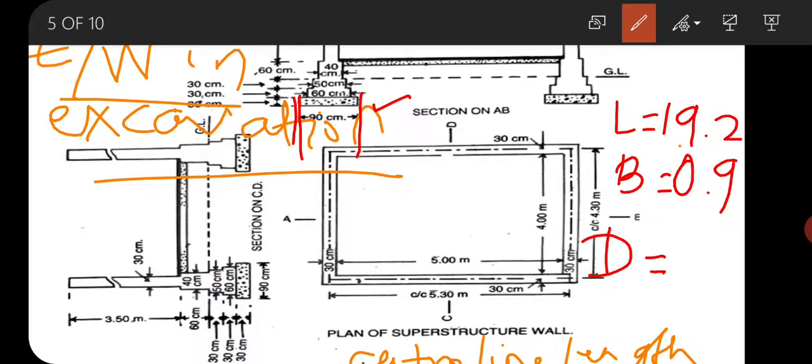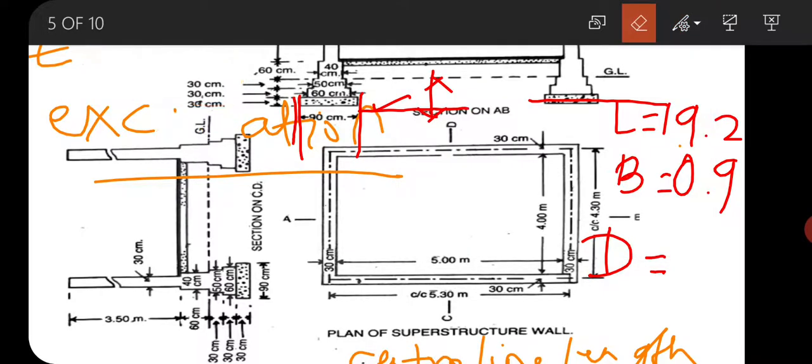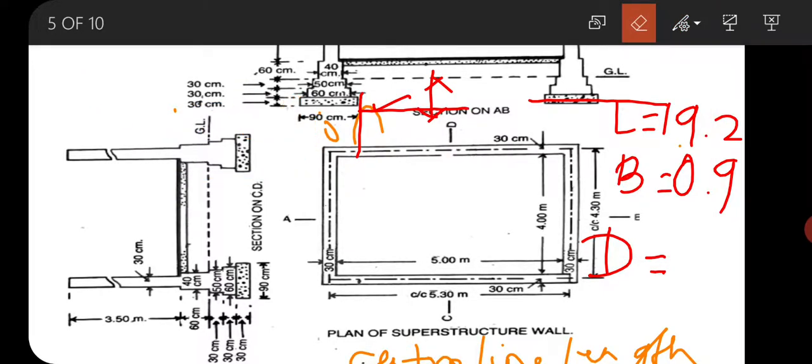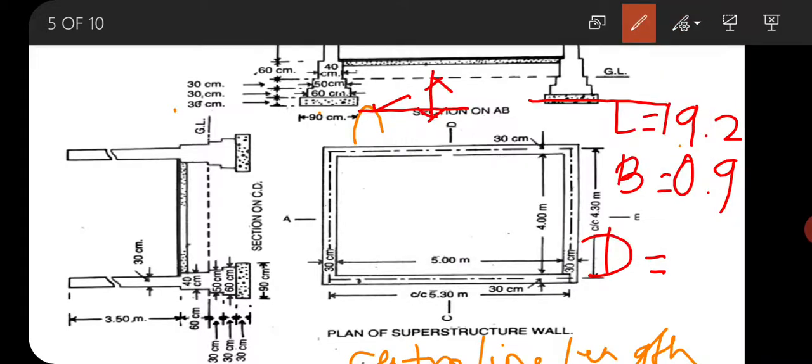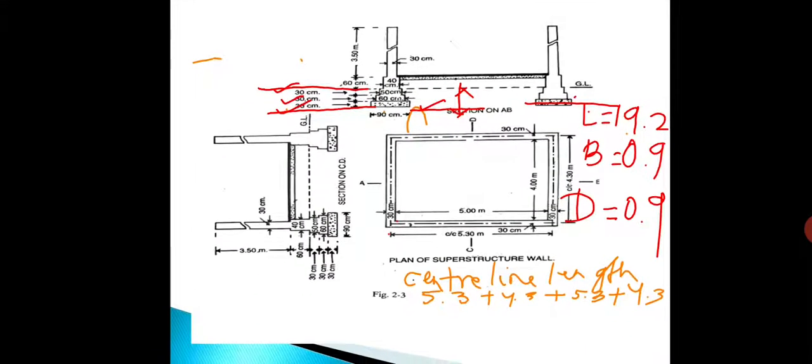The depth is from the ground level up to the bottom of the foundation. So your ground level starts from this position. So this will include 30 plus 30 plus 30, so it is equal to 0.9. Clear? Now we will move to our details of measurement form.